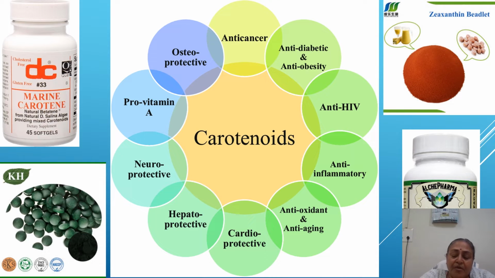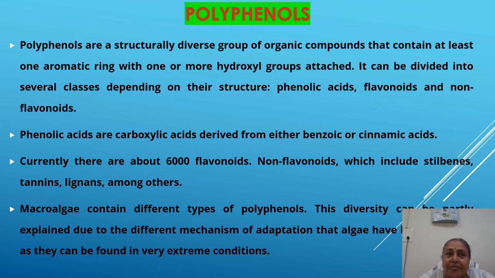So this is the importance of carotenoids, and we have very great industrial value of these algal carotenoids, and one may start their research in the field of production of marine carotenoid formulations for industrial uses and the market.